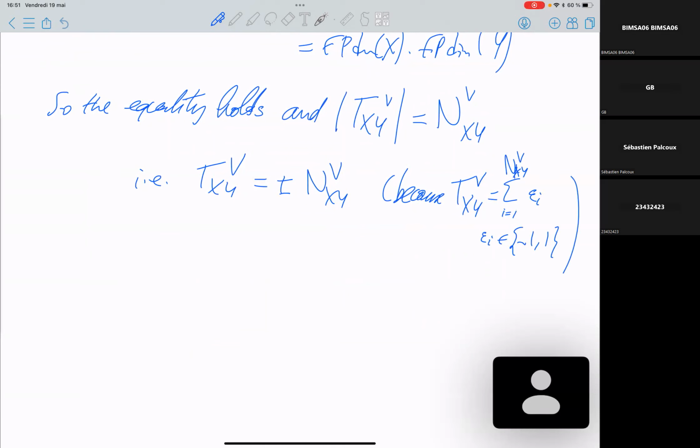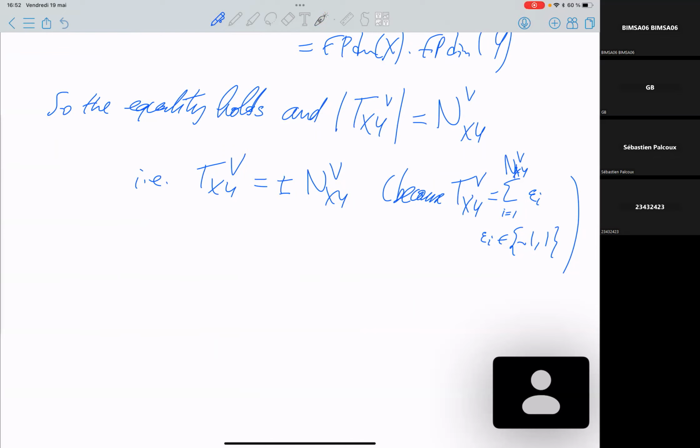So if it has the same absolute value, it must be one of the two extremes for such a sum, so minus or plus nxyv. Okay.